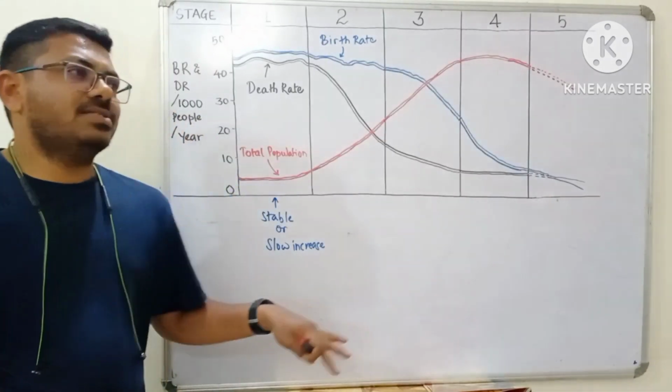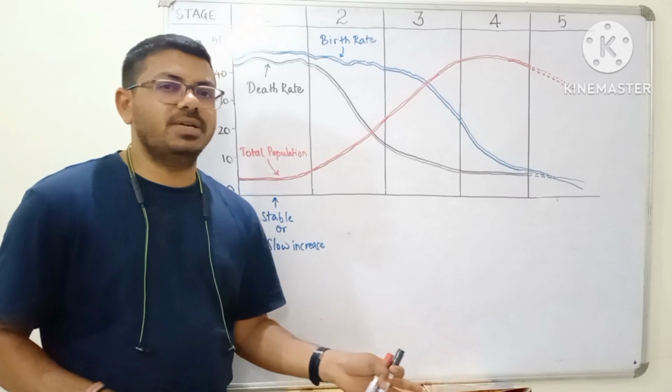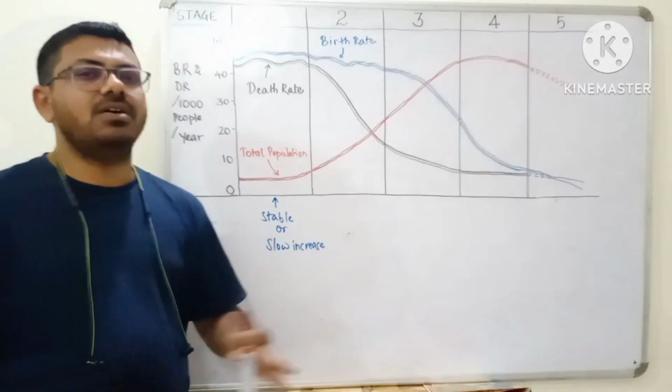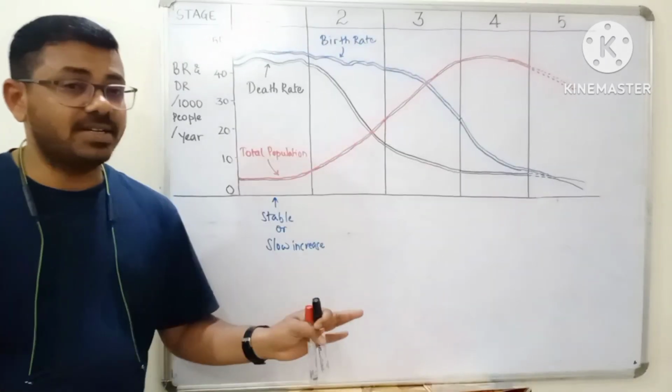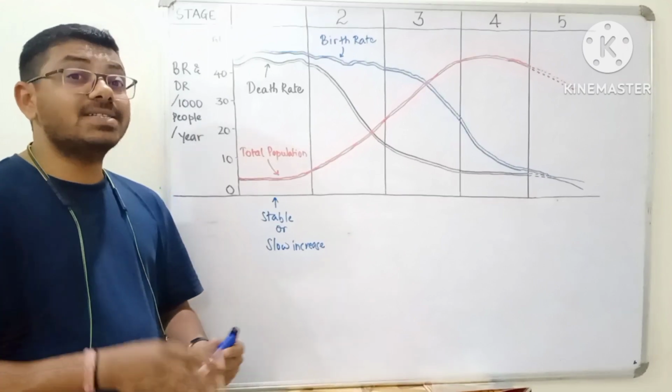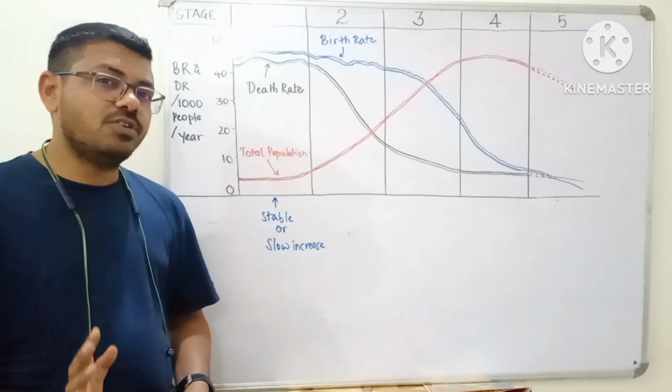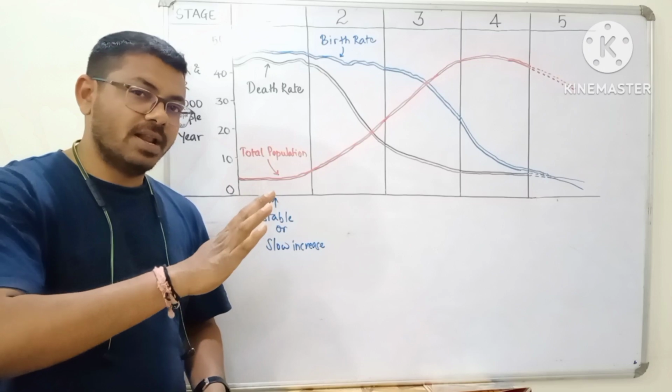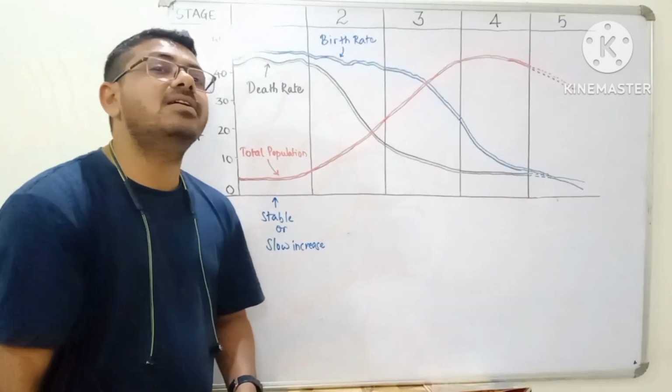Across almost all continents, North America, South America, Europe, Asia, Africa, Australia, Antarctica, you will not find any country which is in the first stage, because every country in the world has passed through stage 1 and entered other stages.